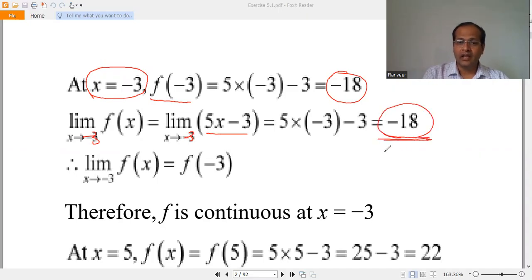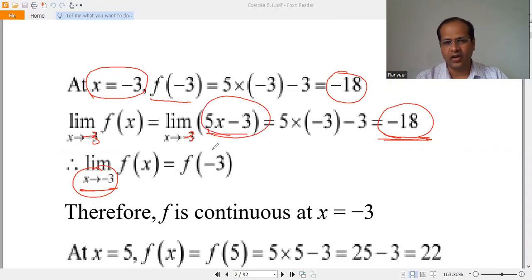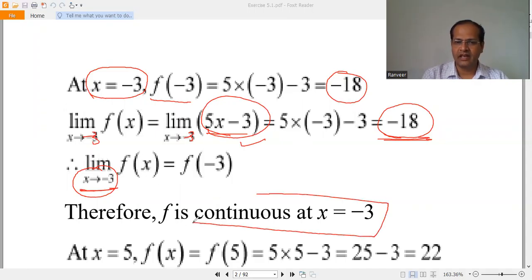Here the left and right hand limits are actually the same for this function, so it is not required to find both values. If you find only one, then we can write that the given function is continuous at x equal to minus 3.